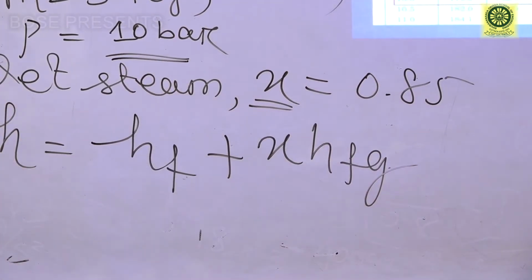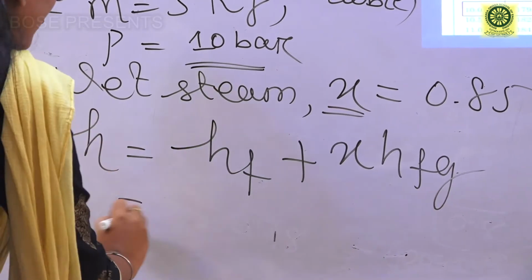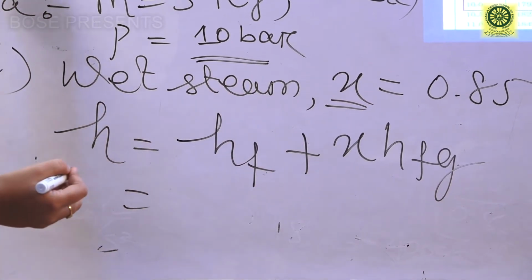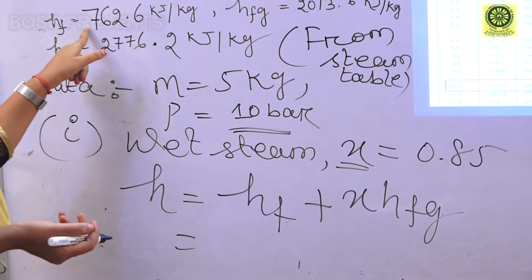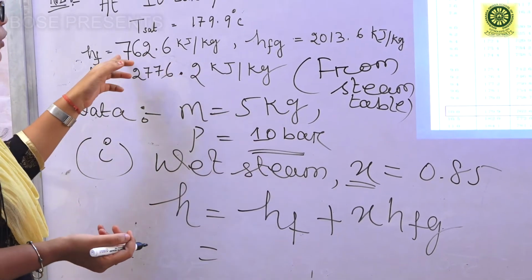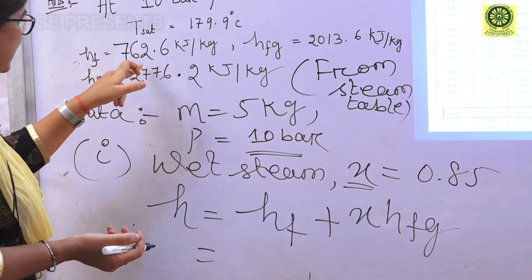This is the value for wet steam. So let me put the values from the data that I found from your steam table.